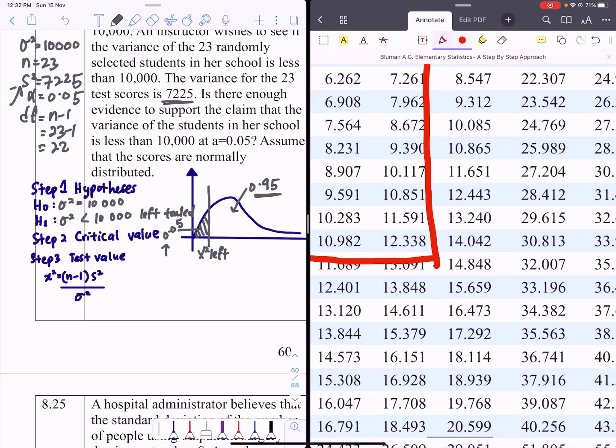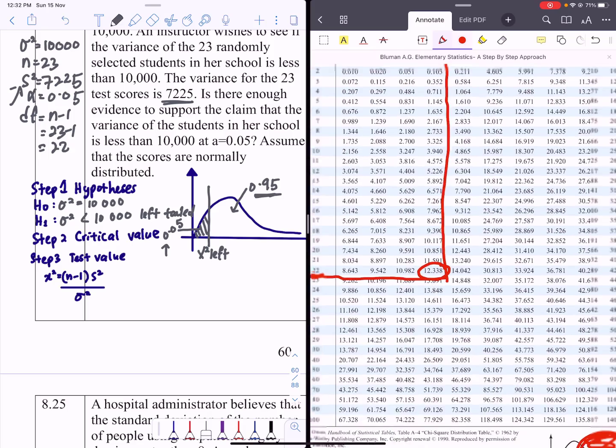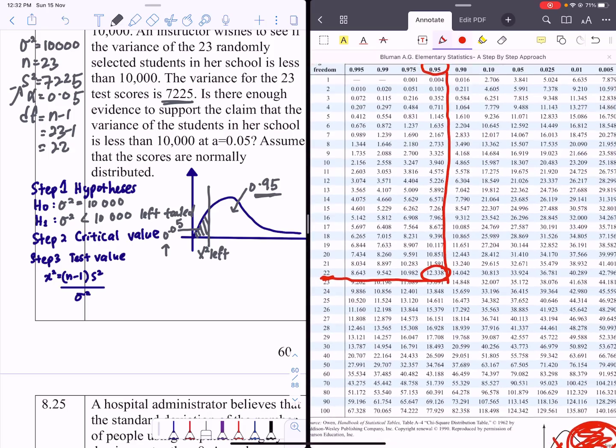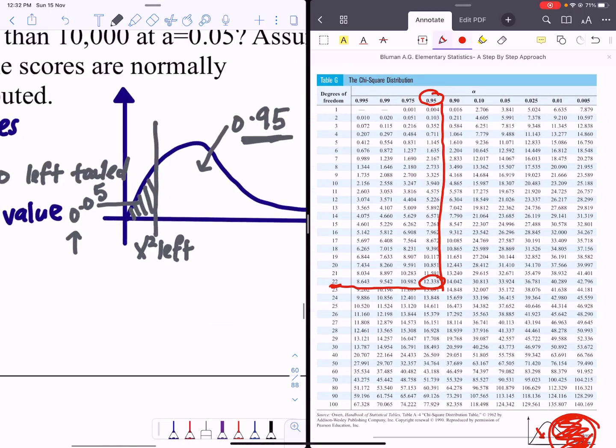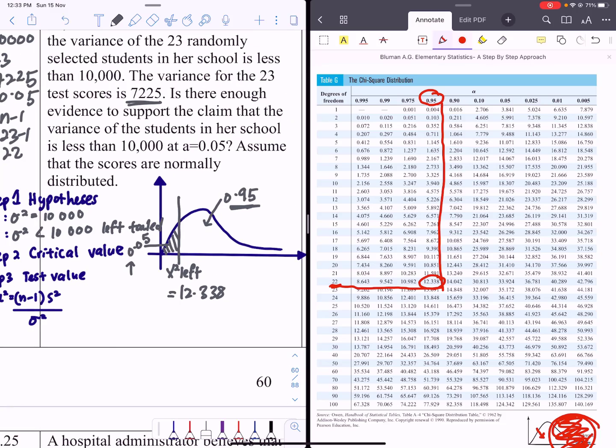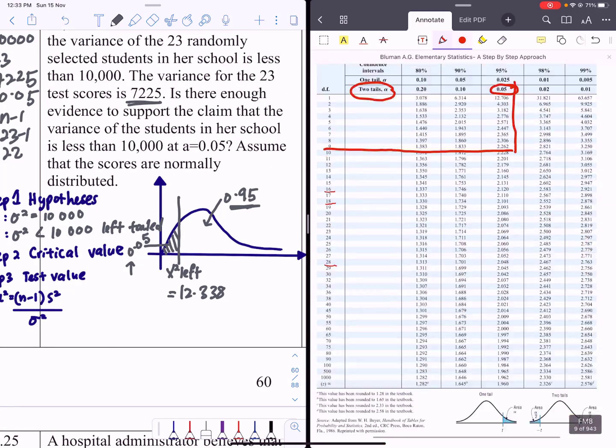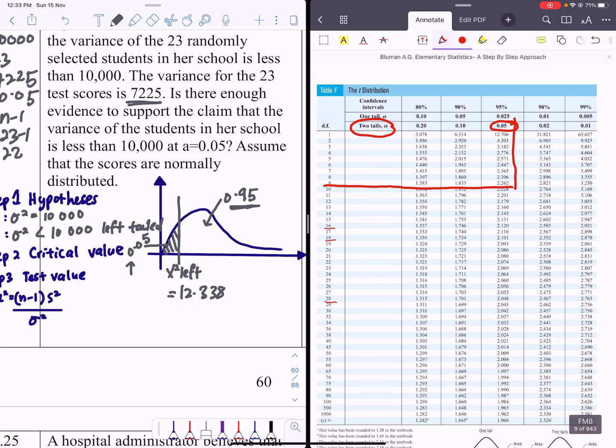Kita dapatlah 12.338. Okay, boleh ya. Kamu jangan confuse pula. Yang lain semua ni, yang ni dia lebih kepada Z score ni.